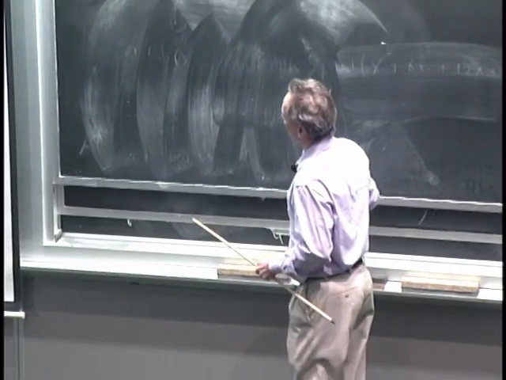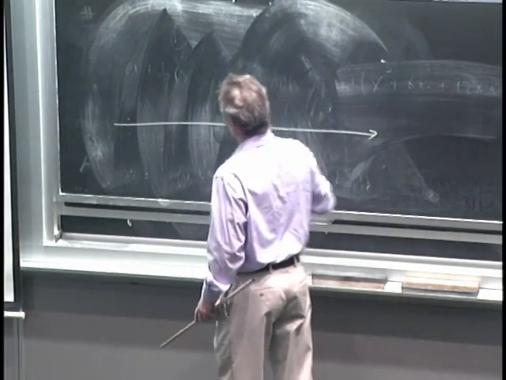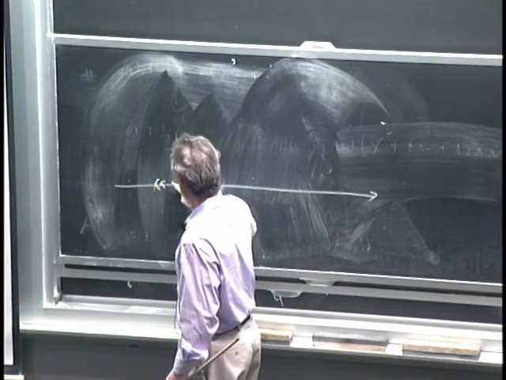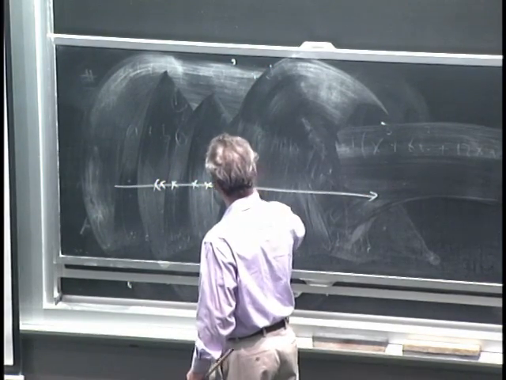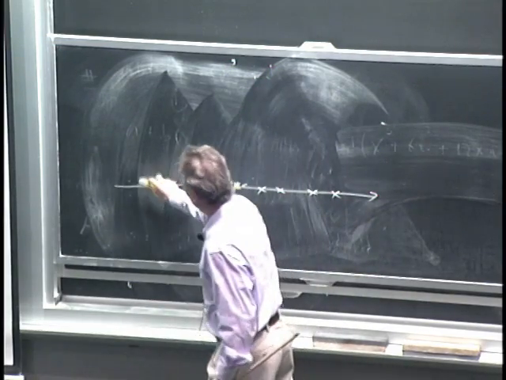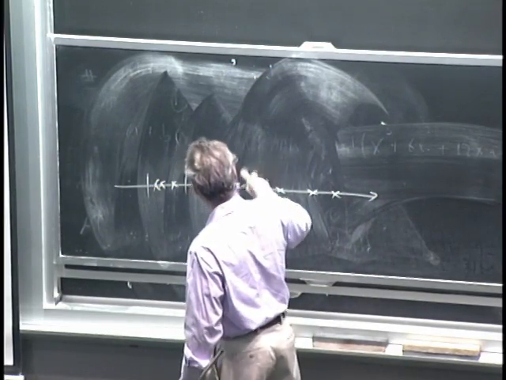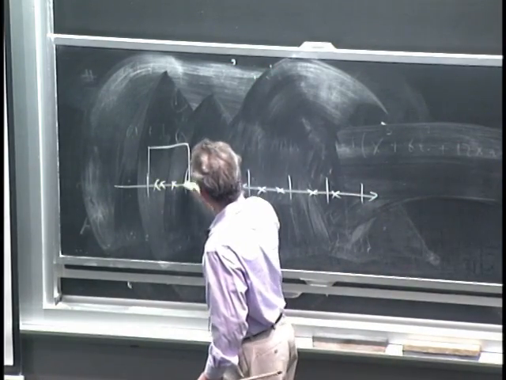So in practice, the way this is done is that you get all your data, let's say data points of this kind. You split your space into bins, and you count how many you have in each bin.